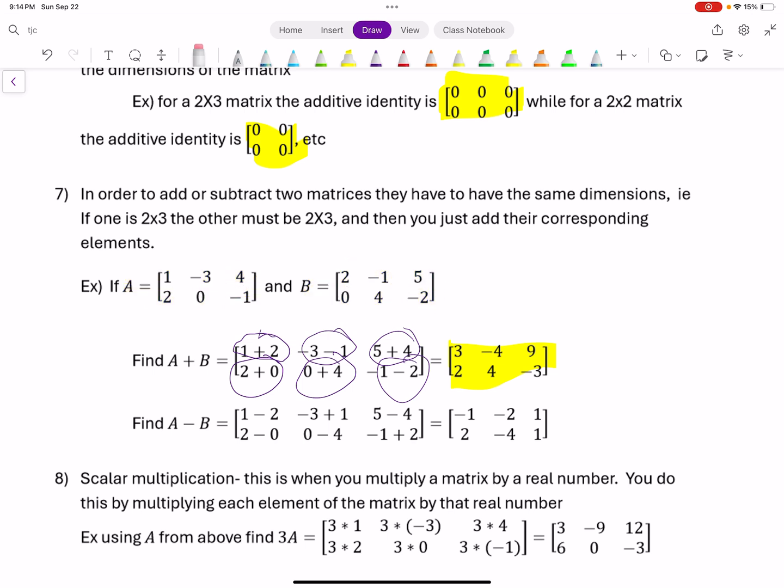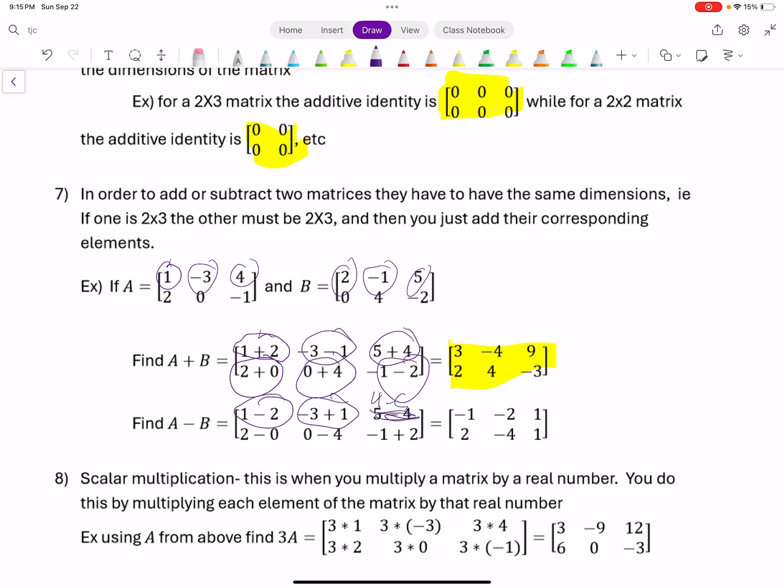To subtract A and B, you're going to take this element first and subtract this. So 1 minus 2, which is what I did here. Then -3 minus a -1. Well, minus a -1 makes it plus, so -3 plus 1. And then 4 minus 5. Oh, that is wrong. That should be 4 minus 5. Okay. Delete that.